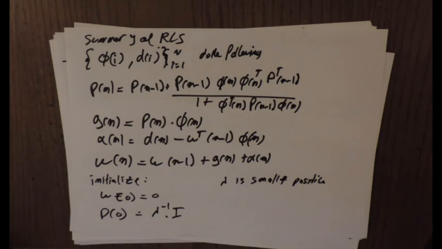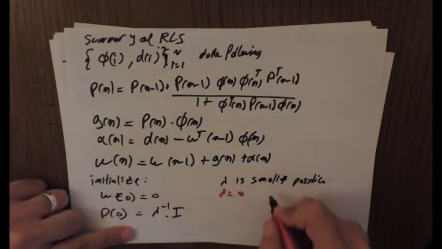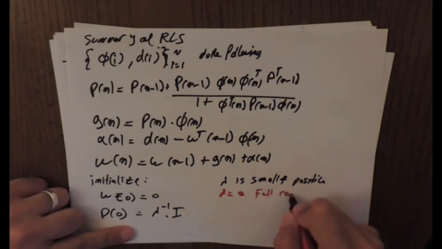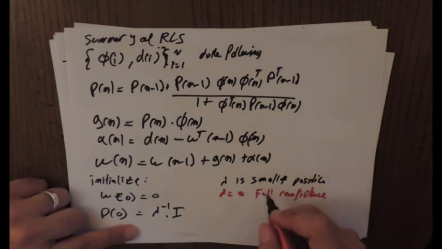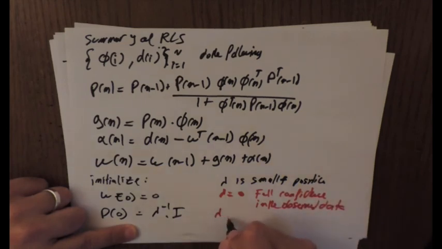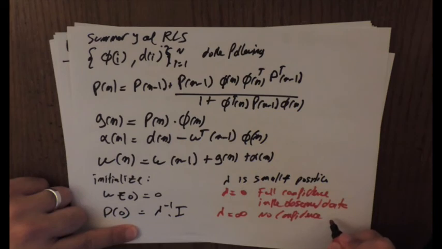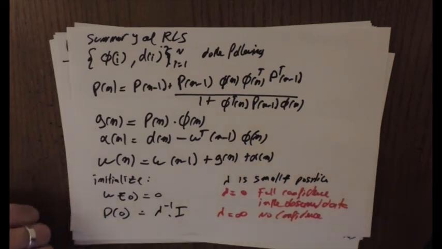So the effect of lambda is as follows: lambda equals 0 means full confidence in the observed data. Lambda equal infinity means no confidence in the observed data. So we typically choose a small value to indicate there is some sort of confidence in our training sample.